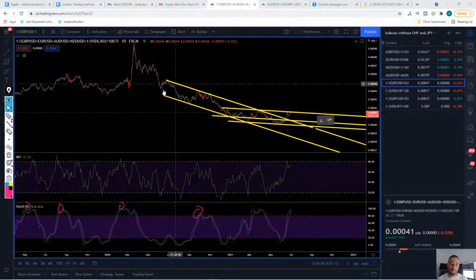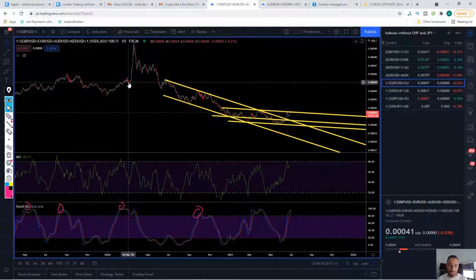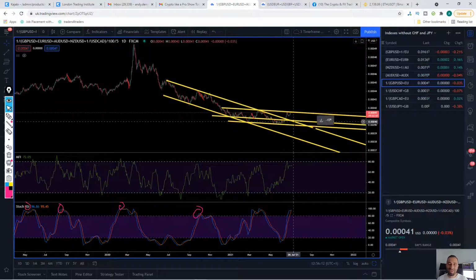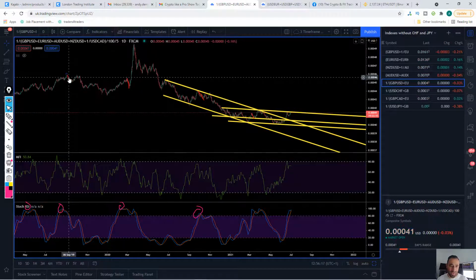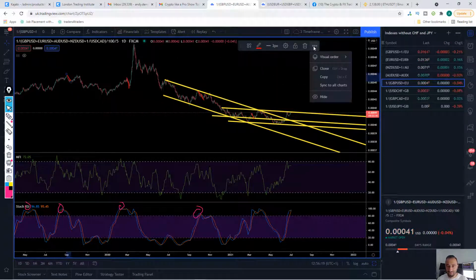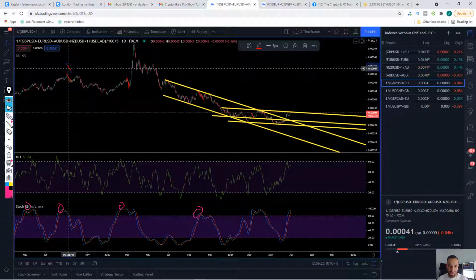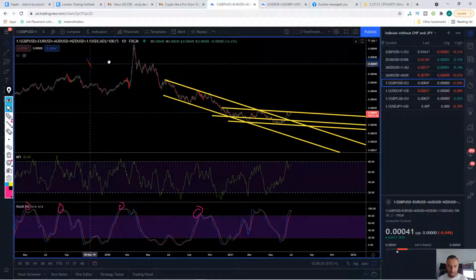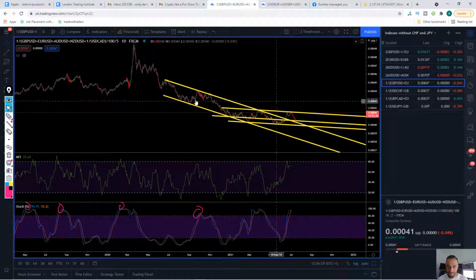So here's what I've done. I've just drawn a little line of what we might get right now. What I'm going to do is clone this, and I am going to take this and move it from high to low right there.